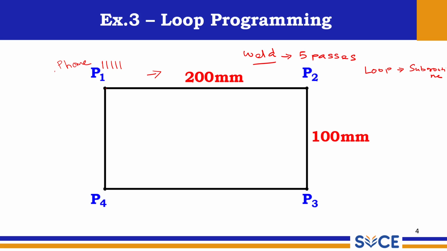Individually we are not going to program each time. We program only once, and we call that subroutine or subprogram a finite number of times, as many times as we want.